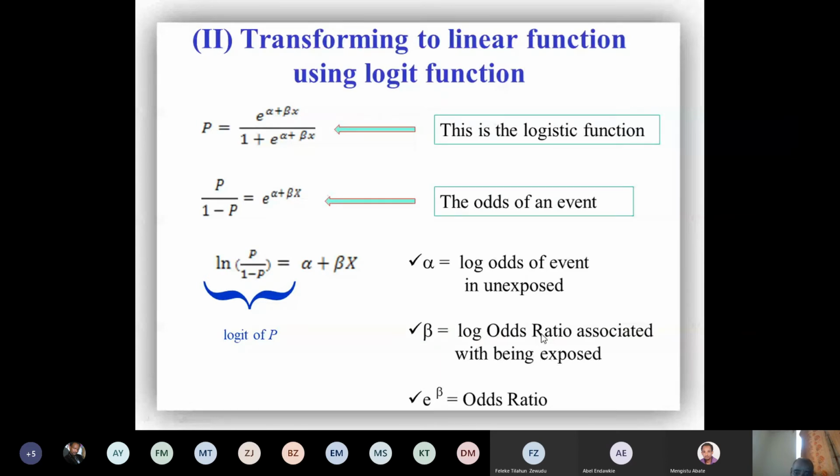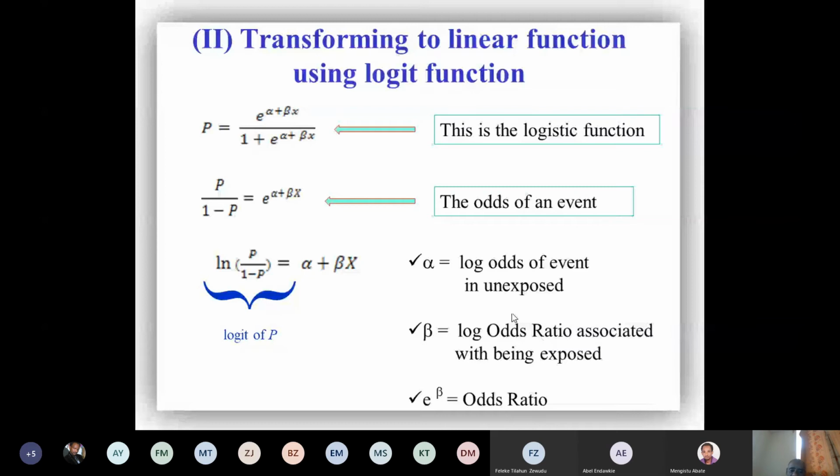That means from mathematics, the logarithm of the odds ratio to the base e, meaning e to the power of beta, is equal to the odds ratio. We know that logarithm of y to the base 10 is equal to x, meaning 10 to the power of x is equal to y. Similarly, if the logarithm of y to the base e is equal to beta, then e to the power of beta is equal to y.